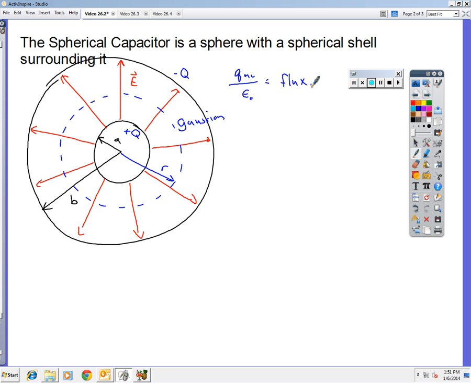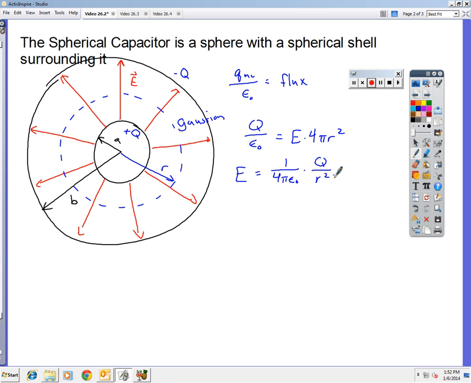And that equals the flux, and because the electric field has the same value at every point on that surface, the flux is just the electric field times the surface area of that Gaussian surface, 4 pi r squared. And so the electric field works out to be 1 over 4 pi epsilon 0 times Q over r squared, which looks kind of familiar.